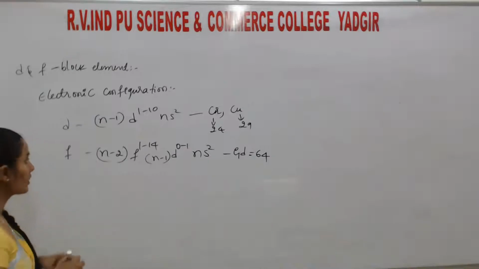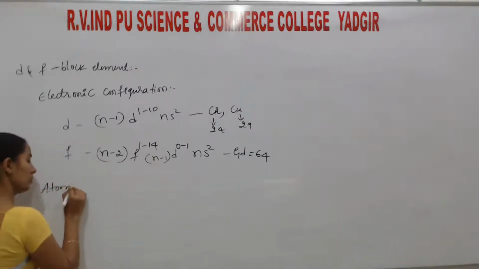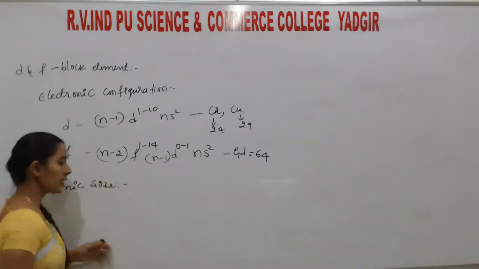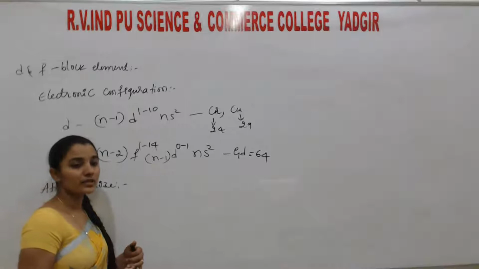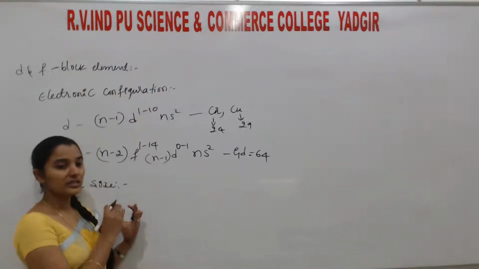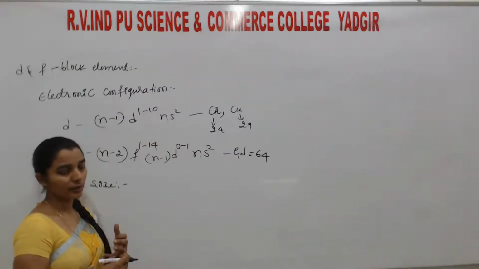Okay. So next we come to atomic size. The students know that the atomic size of the D block elements or whatever it may be decreases from left to right along the period. The same follows in the D block element.